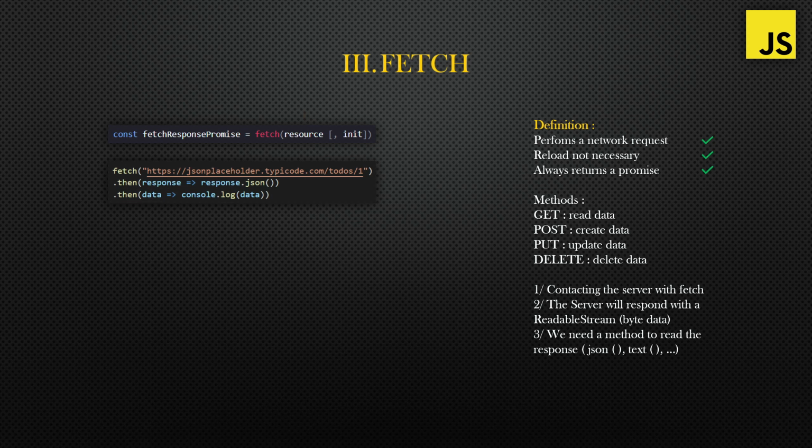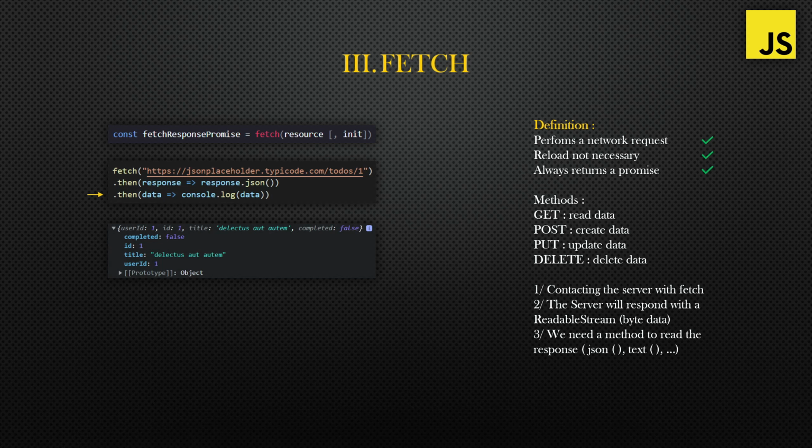You will first contact the server with fetch. Then the server will respond, in this case, with a JSON string. So you have to parse the JSON string into a JavaScript object. And then we will console log the data. So you will get a JavaScript object.